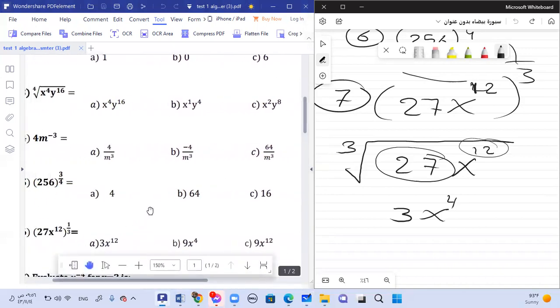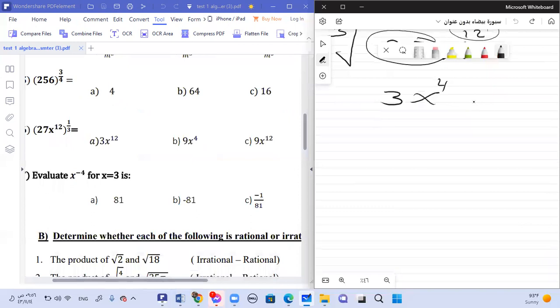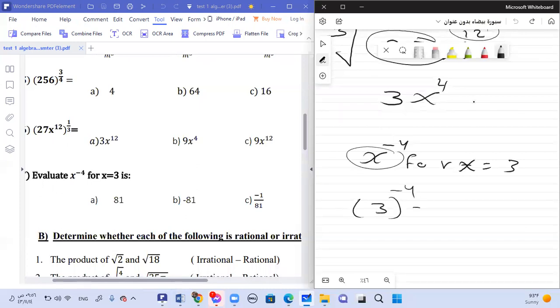Okay, it's very important. Evaluate. Evaluate if we have x power of negative 4, for x equals 3. Cancel the value x and write 3 power of negative 4. 3 power of negative 4, what does it mean? 1 over 3 power of 4, because I have a negative power.